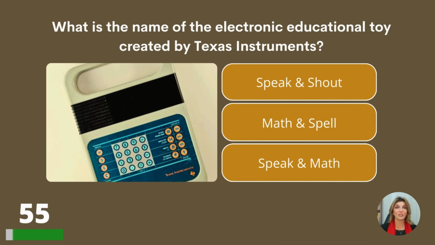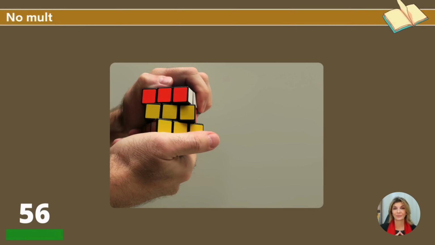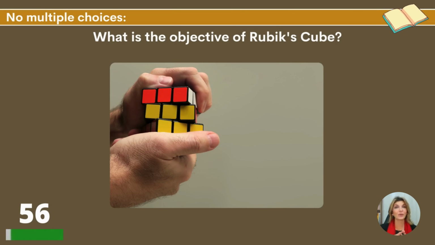What is the name of the electronic educational toy created by Texas Instruments? Speak and Shout, Math and Spell, or Speak and Math? Speak and Math. No multiple choice here. What is the objective of Rubik's Cube?